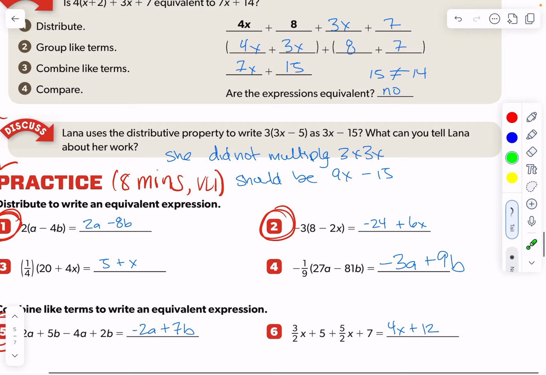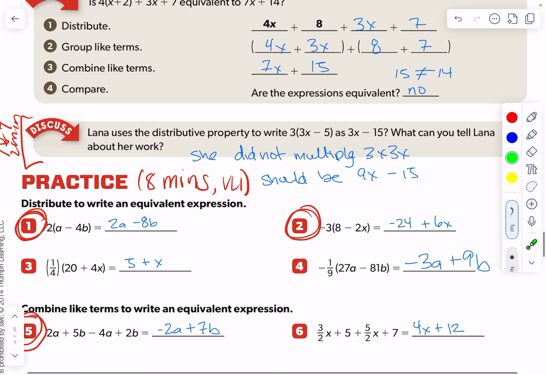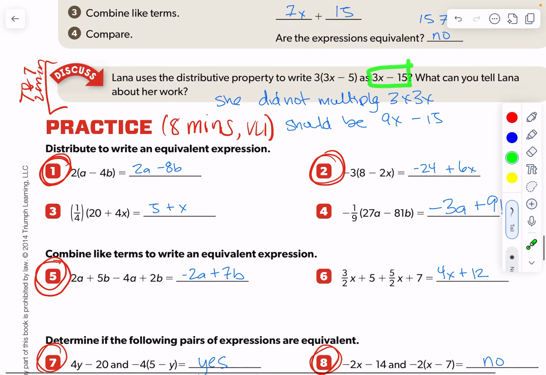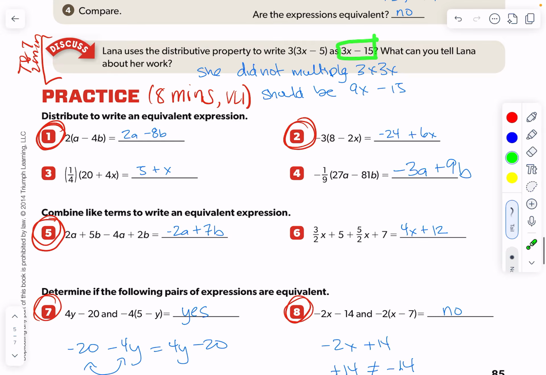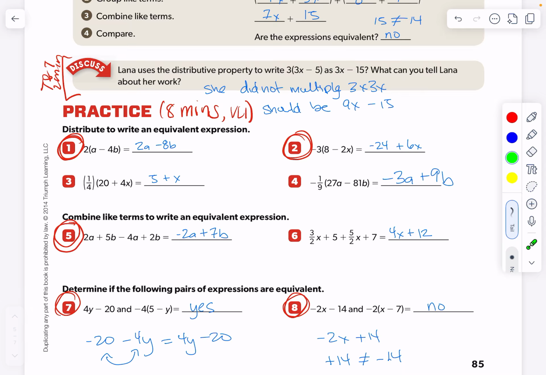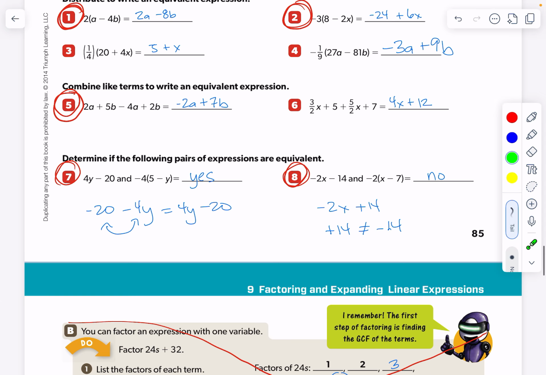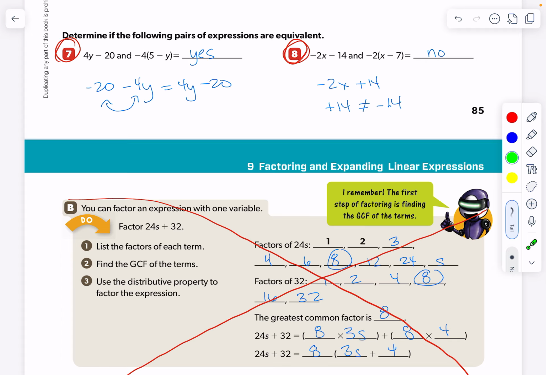From there, you'll launch students into a turn and talk around error analysis. They want to know whether Lana distributed this correctly because she got 3x minus 15. And then we will launch students into 8 minutes of practice time where they are distributing to write equivalent expressions, combining like terms, determining if the following pairs are equivalent.